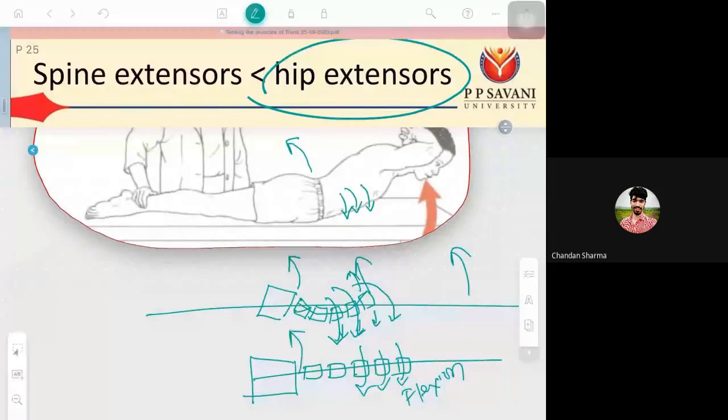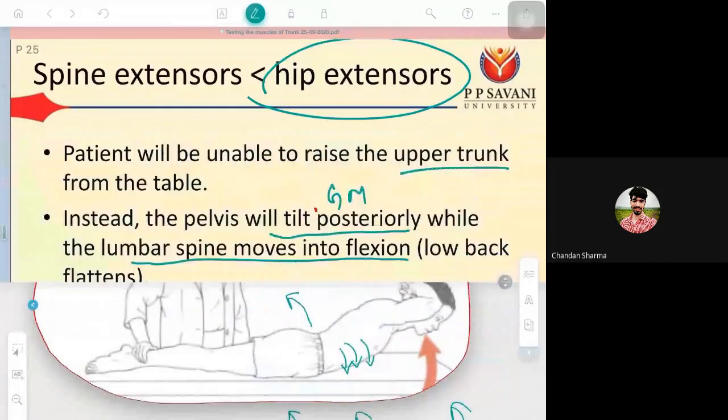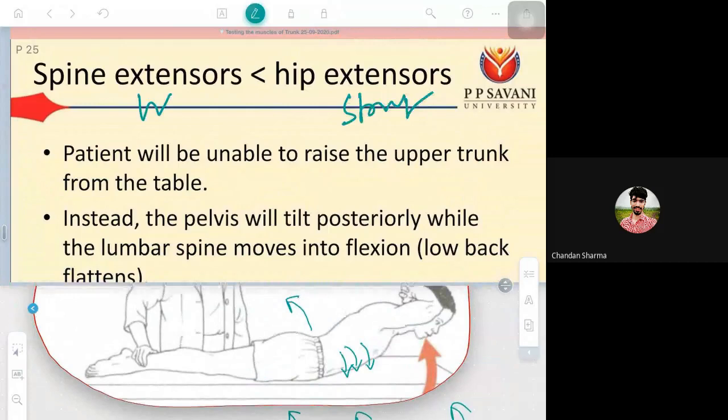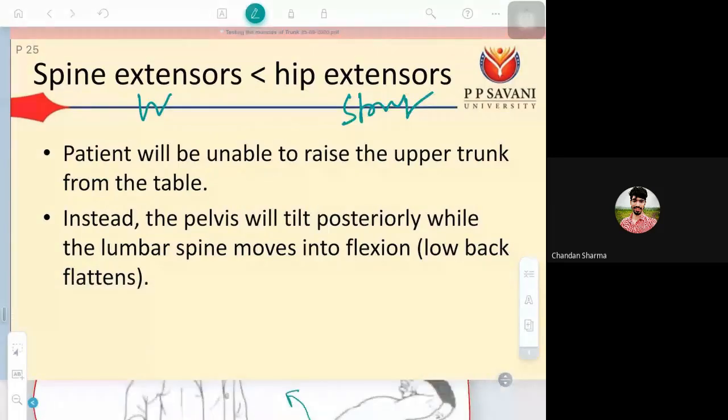So this will happen when spinal extensors are weak and hip extensors are strong. Clear? Pelvis will tilt posteriorly, the lumbar spine will move into flexion.